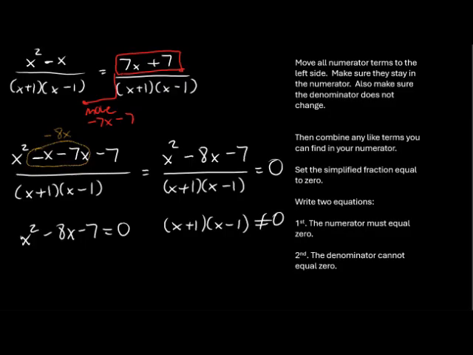The reason we write x plus 1 times x minus 1 cannot equal 0 is because we are not allowed to divide by 0 in a fraction, or else we'll get an undefined number. Technically, this x plus 1 times x minus 1 is not equal to 0 is not an equation. It is an inequality. However, our x squared minus 8x minus 7 equals 0 is a second power equation.